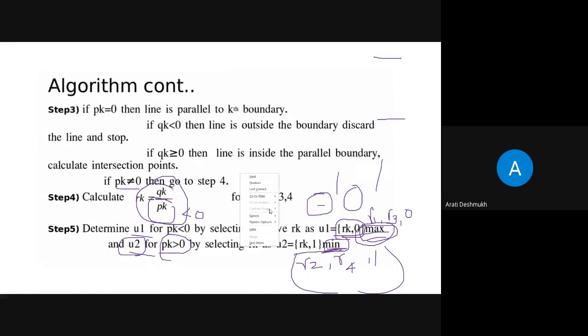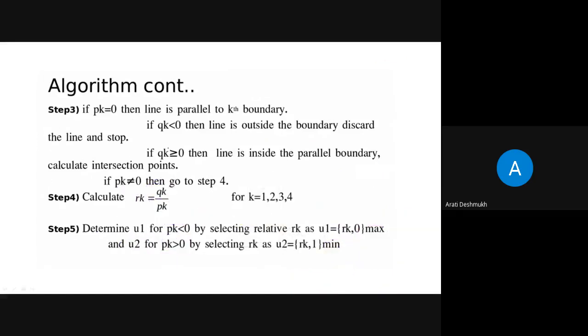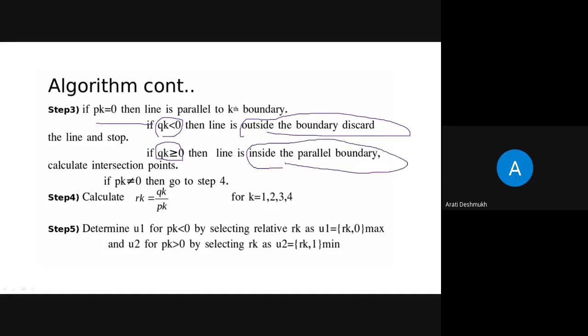If pk is equal to 0, then we find the qk. If it is less than 0, then it is outside the boundary and we discard it. But if it is greater than or equal to 0, then it is inside and parallel to the boundary.